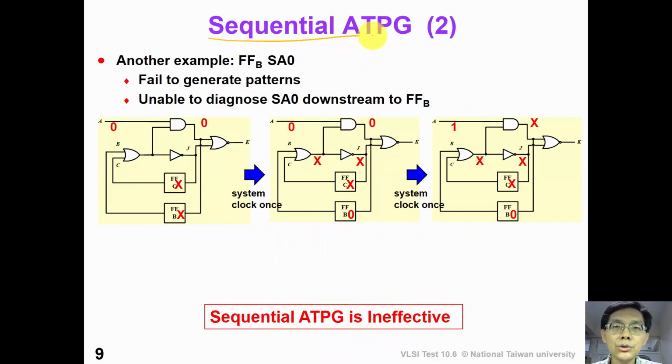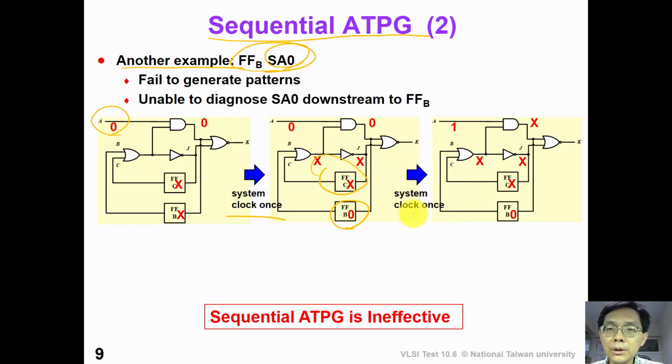Now let's use sequential ATPG to do the similar thing. Here we show an example, but now we want to diagnose the stuck-at-0 fault. So we want to control flip-flop B to 1. But can we do that? In the first time frame, we apply A input to 0. After one system clock, flip-flop B will become 0. But at this time, flip-flop C is still unknown.